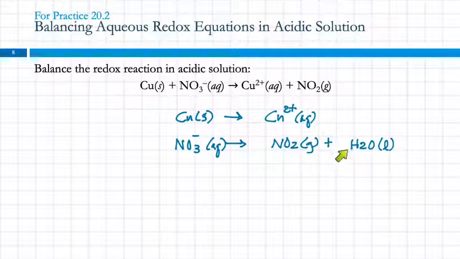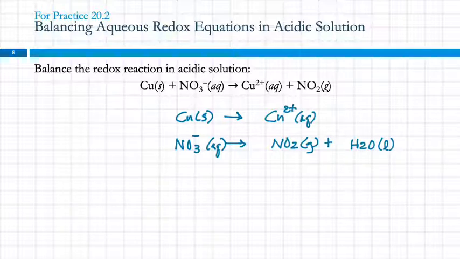So 2 plus 1 is 3, and I've got 3 over there. I can't fix this with just the NO2 and the NO3, because if I fix the oxygens, I mess up the nitrogens. And if I fix the nitrogens, I mess up the oxygens. There's just no way to do it. So we put water in here.